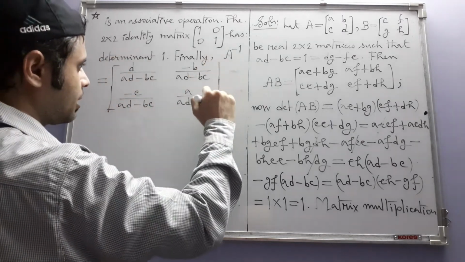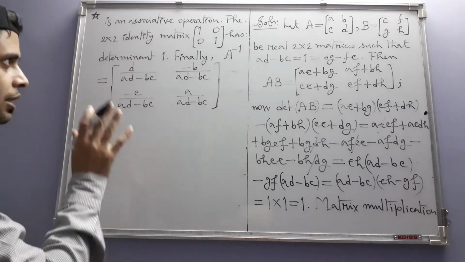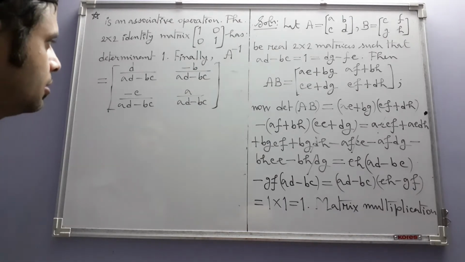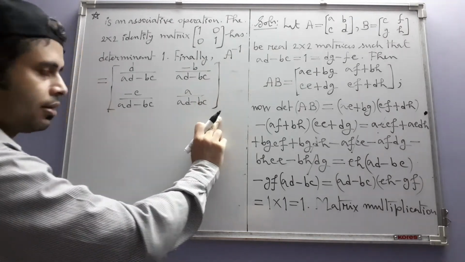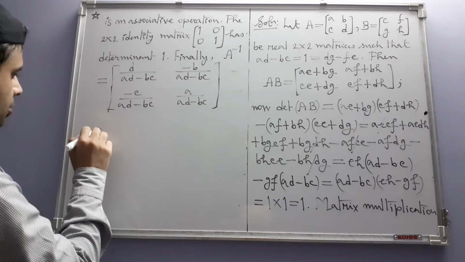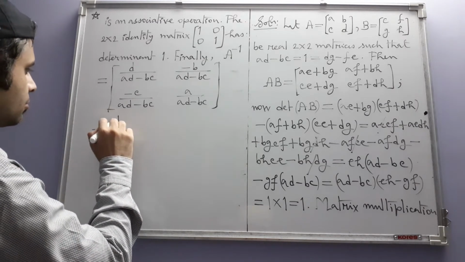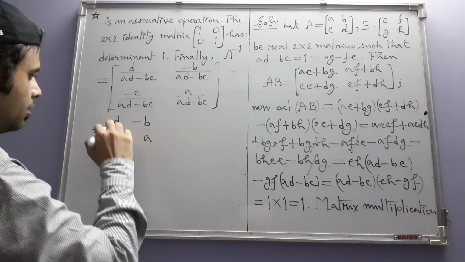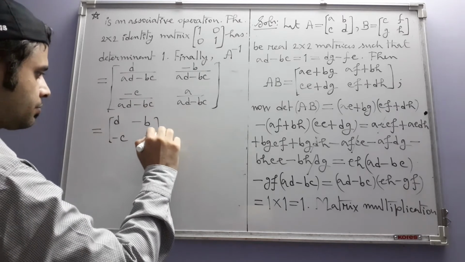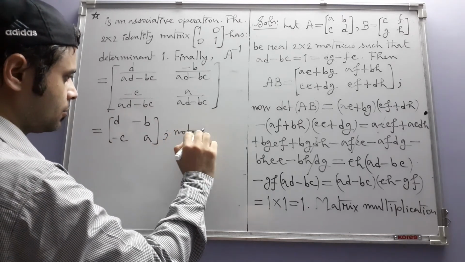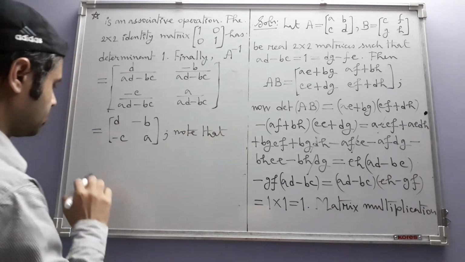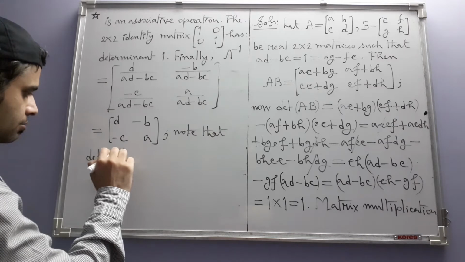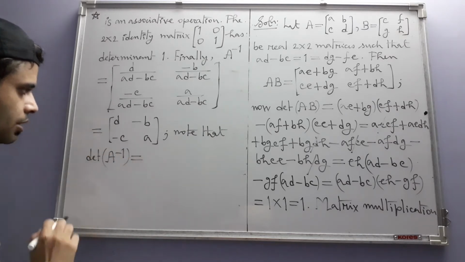It's a fact that this matrix is the inverse of A, and it comes from properties of matrices. Okay, based on that we are directly writing this, and this becomes equal to D, minus B, minus C, A. Note that determinant of A inverse is equal to what?